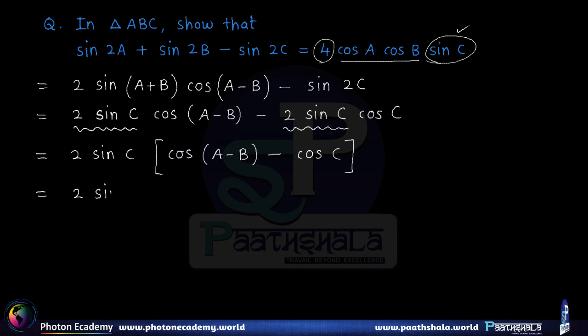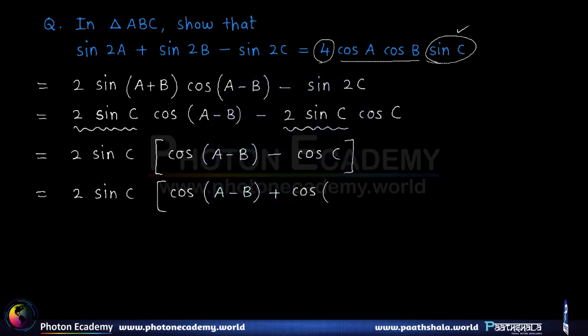That means we don't want any C term in the remaining terms. So we keep cos(A − B) as it is, but now we don't want to see any C term. So −cos C can be substituted back with +cos(A + B), because that is another result that we have seen: cos of the sum of two angles of a triangle is equal to minus cos of the third angle.